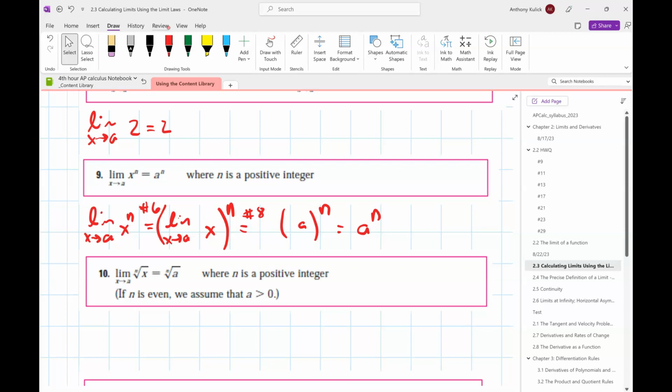Yeah, you just make the exponent, the nth root is 1 over n as an exponent, and then it's the same process as before. Very good. So we could update this to really be positive rational number now, right?